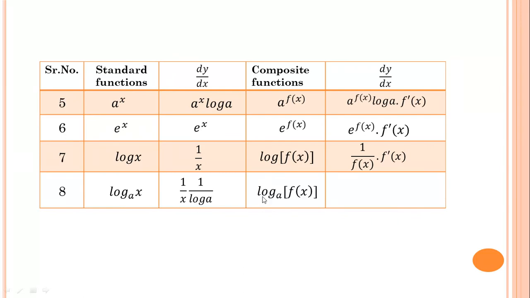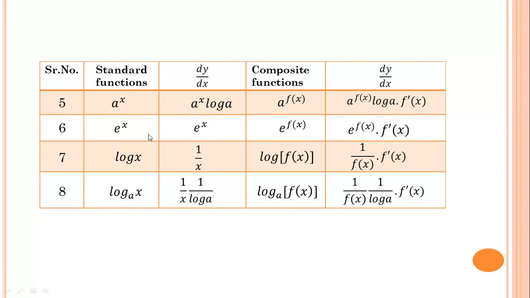And in this case, if a composite function is given to you, log of f of x to the base a, then how will you get the derivative by chain rule? We get 1 upon f of x into 1 upon log a into f dash x. So these are all the important 8 rules related to the composite functions.